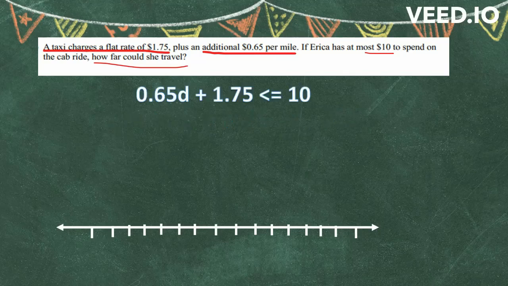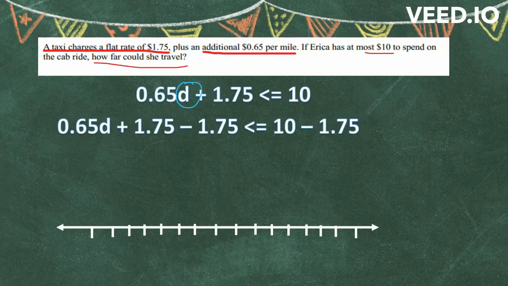So 0.65d plus 1.75 is less than or equal to 10. She can only spend until $10 for d miles. Let's find d out. Let's get rid of 1.75 here by adding minus 1.75 on both sides.